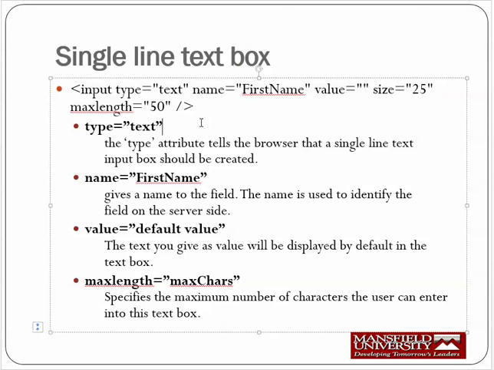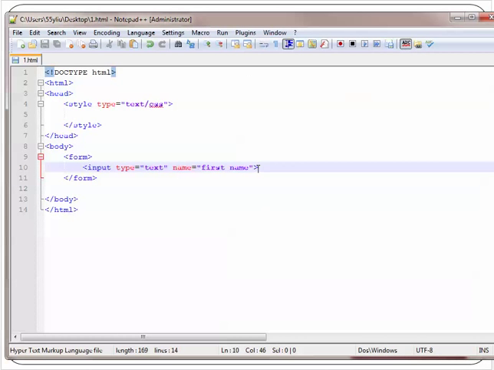Like I said, we can type the first name. So for the single line, we have a name. Why do we need a name? Because when we submit our data, the server needs to know what the data is for. With the name, the server will process the data as first name. What's the value? In our example, we put some value.